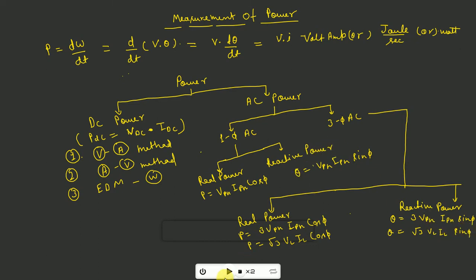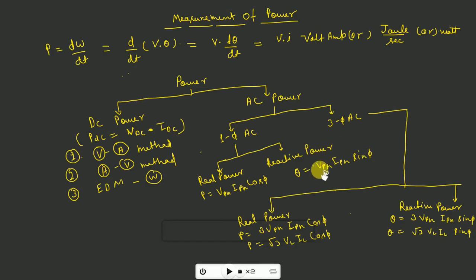So in single phase reactive power we erase the 3. This is the correct formula for single phase reactive power calculation.